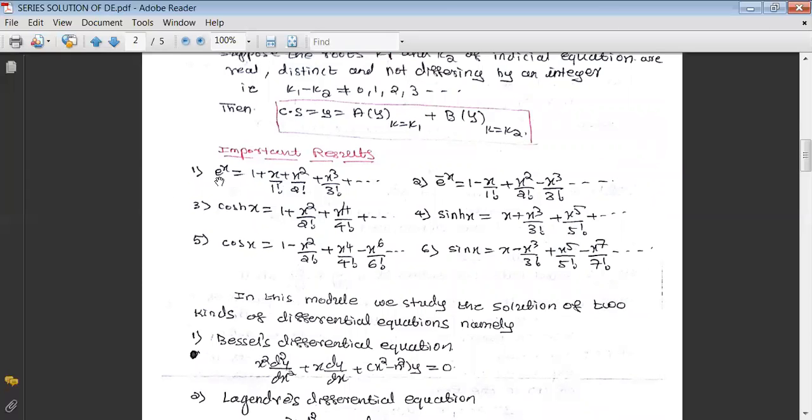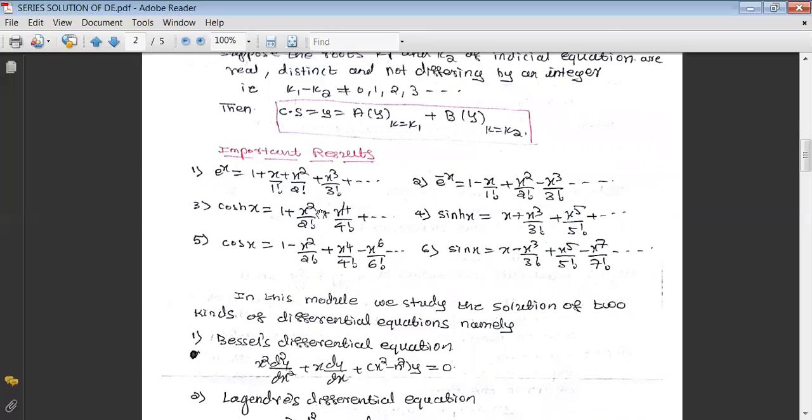The first one is e raised to x: e^x is 1 plus x by 1 factorial plus x squared by 2 factorial plus x cubed by 3 factorial and so on. The second one is e raised to minus x. Wherever x is there, if we replace x by minus x, we get 1 minus x by 1 factorial plus x squared by 2 factorial minus x cubed by 3 factorial and so on.